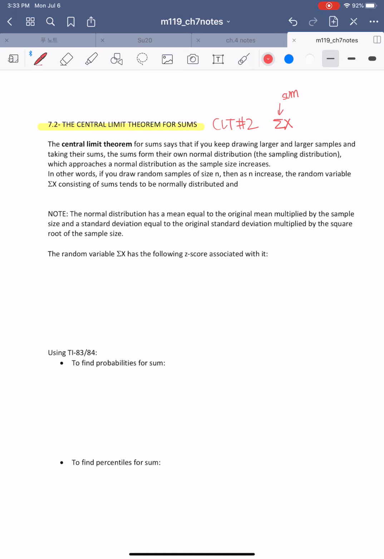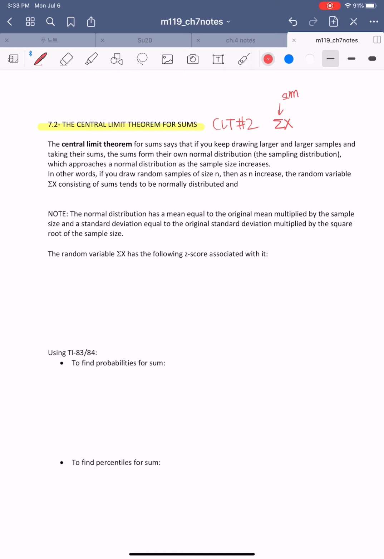The central limit theorem for the sum says that if you keep drawing larger and larger samples and taking their sum, the sums approach a normal distribution as the sample size increases. In other words, if you draw a random sample of size n, then as n increases, the random variable sigma x, which consists of sums, tends to be normally distributed.